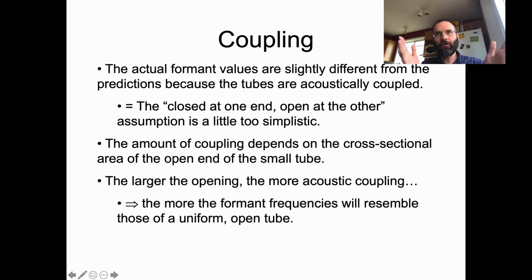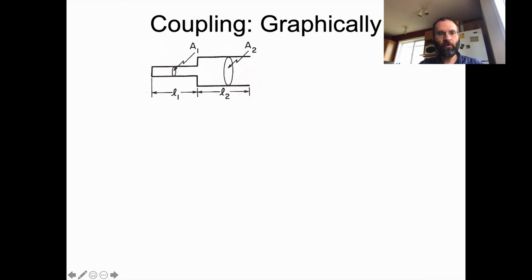So the larger the opening, the less the two tubes are operating independently of each other. Hopefully that's fairly intuitive. And of course, the larger the opening, the more those formant frequencies are going to start to resemble those of a uniform open tube, like we got for schwa when we first started doing this math, right? So I'll give you some examples of what this means graphically.